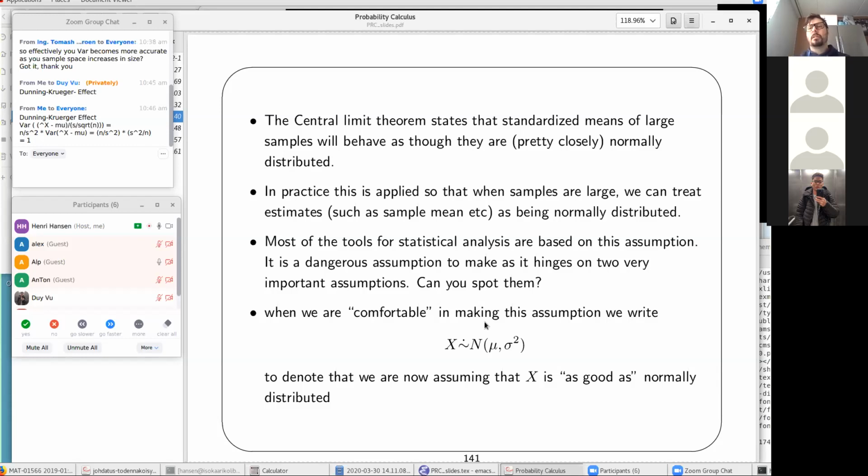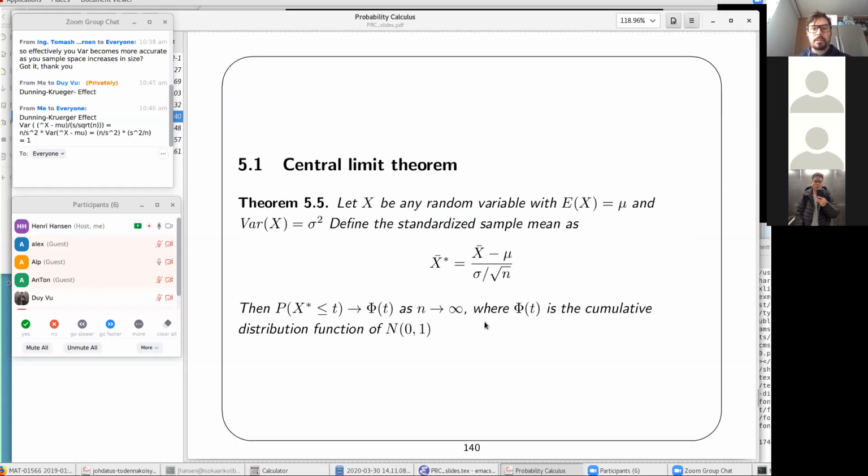I didn't mention them, but they're implicit when we are using the bar X here. One implicit assumption is that the sample average, or sample mean, has been gathered in such a way that all the occurrences of X in that sample mean are in fact independent.